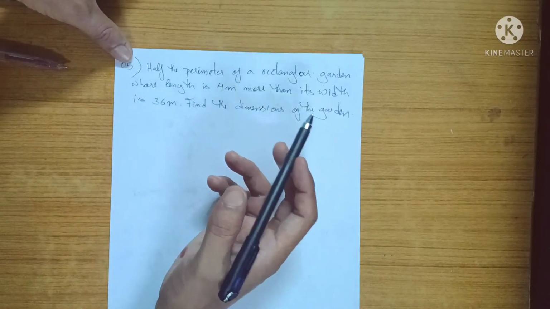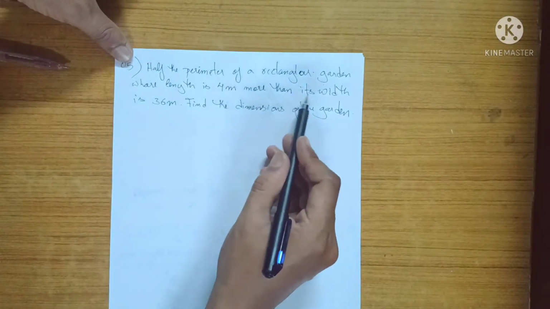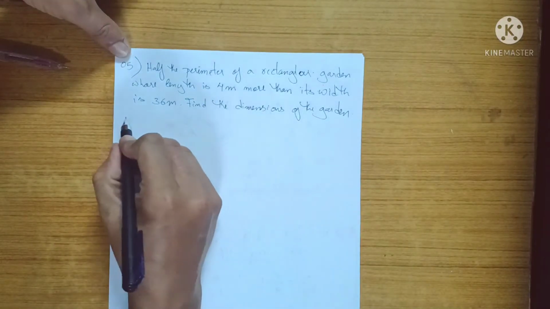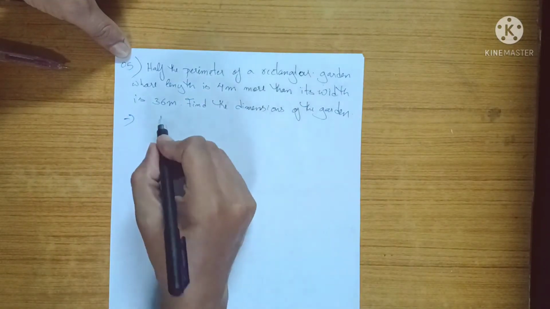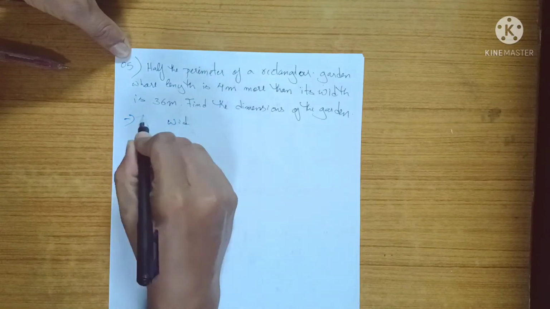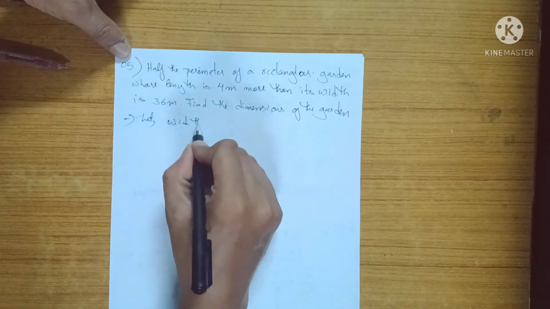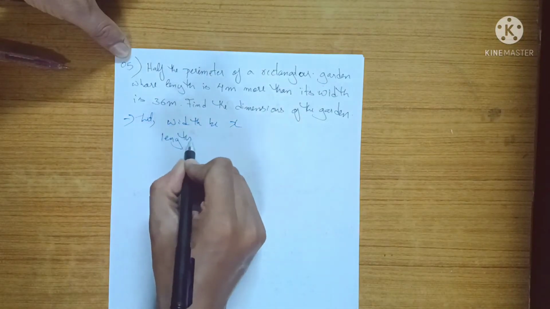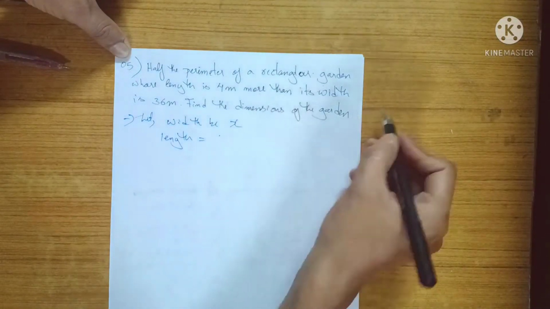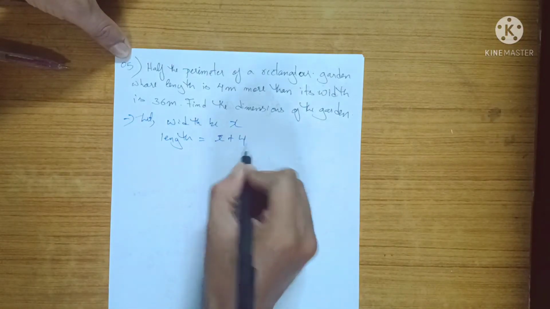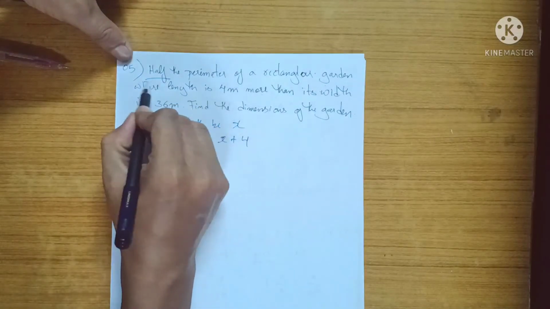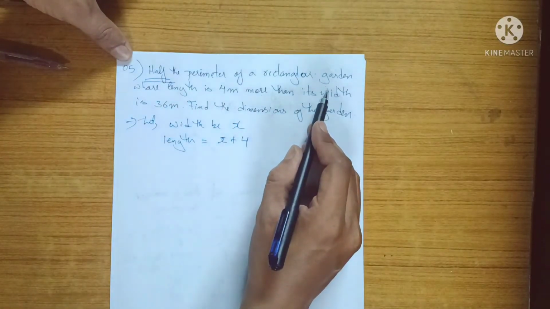So half the perimeter of a rectangle garden whose length is 4 meter more than its width is 36 meter. Find the dimension of the garden. So width, breadth, same thing. Let width be x, so length will be 4 more than its width, so plus 4, and it's saying half the perimeter of a rectangle.